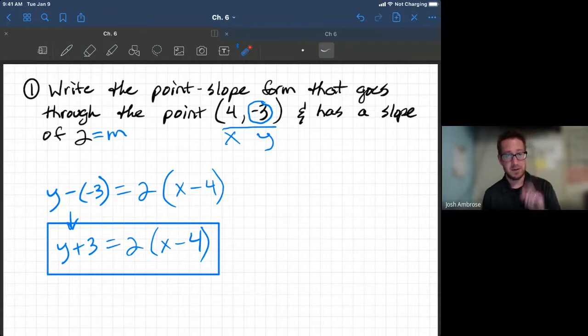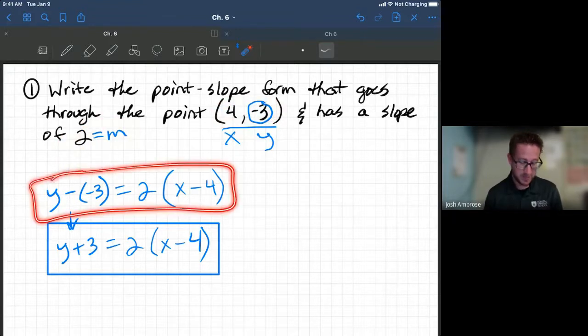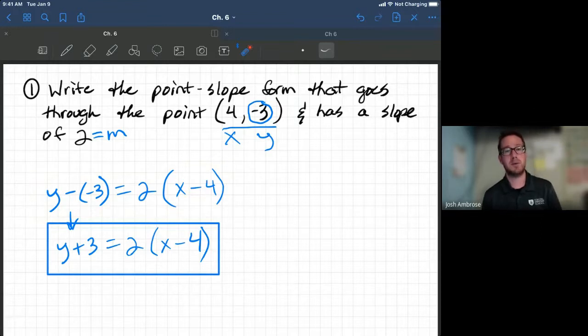Okay, so there's example 1 where you are given x, you're given y, and you're given slope. And then you need to put that all together into the point slope equation. And don't forget the whole thing with the minus, the negative, and how that becomes a positive. All right, let's move on.